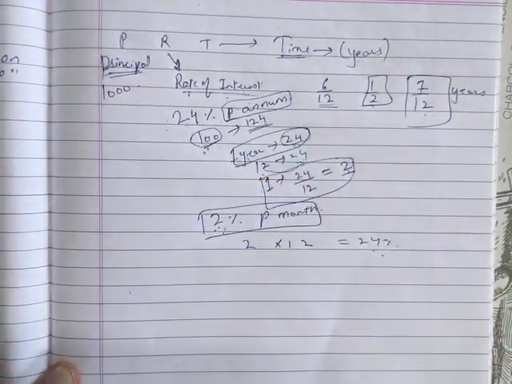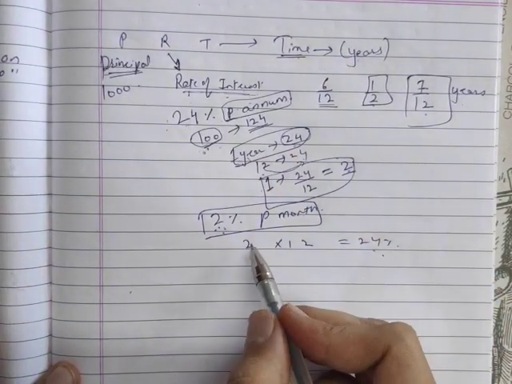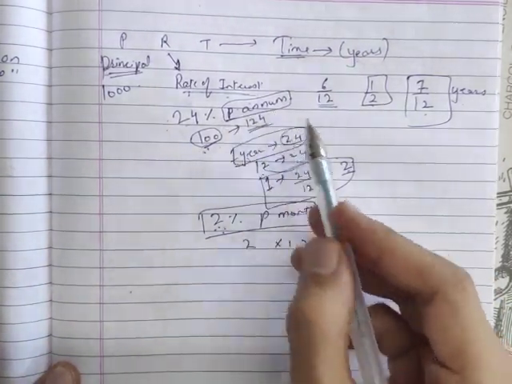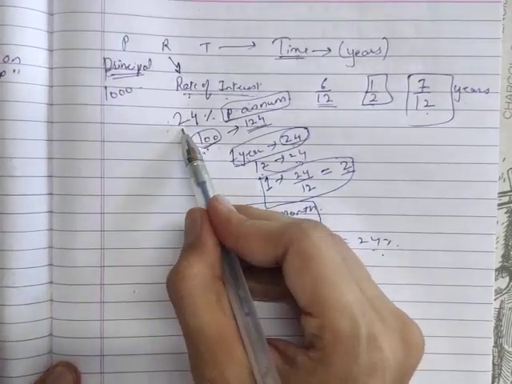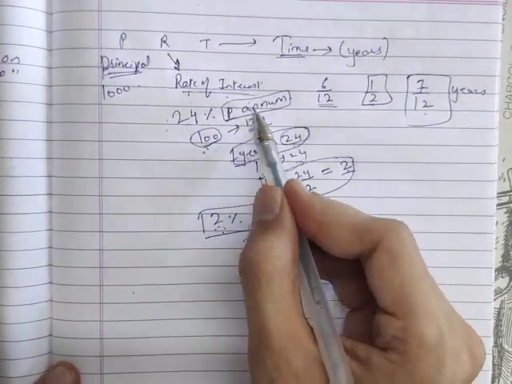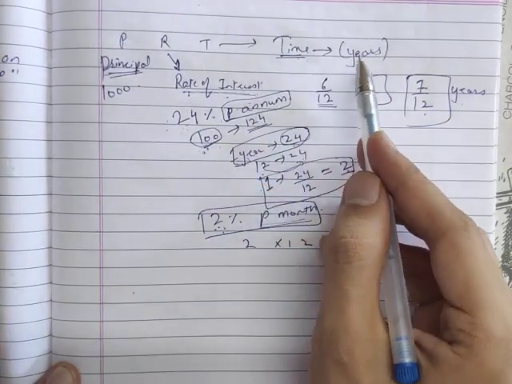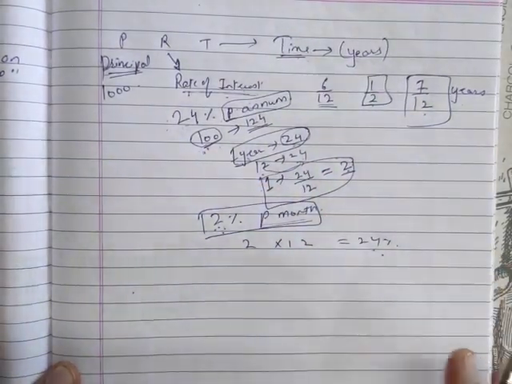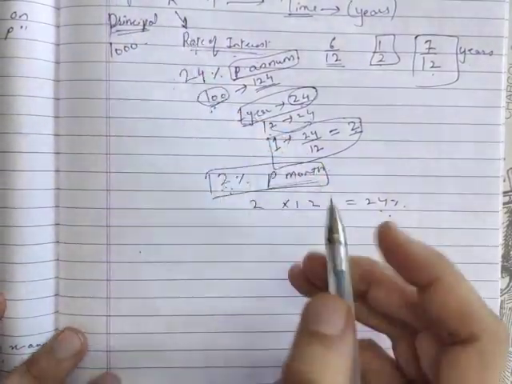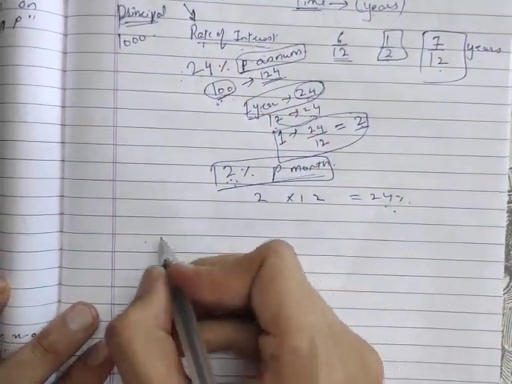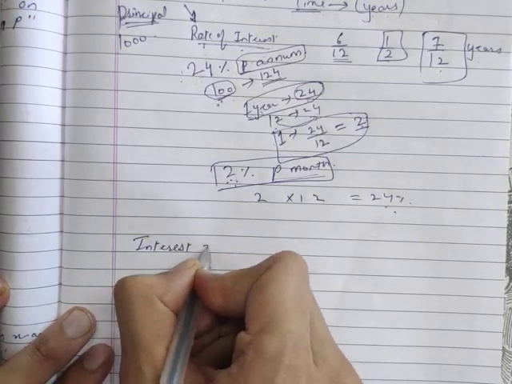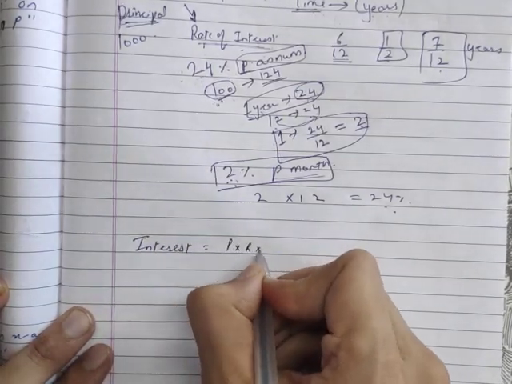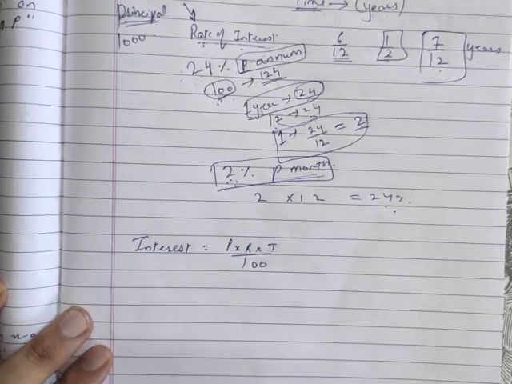Same answer. So if the question has not given per annum but per month, can you convert that? Yes. I would suggest always convert that and keep it in per annum. And time also keep it in years. Now using these three things, we have a formula. Formula to calculate interest is P into R into T upon 100.